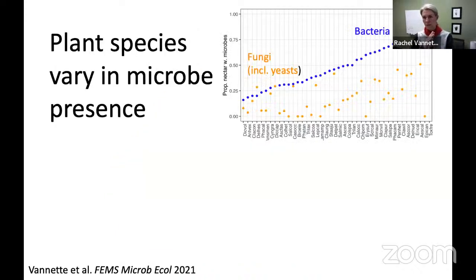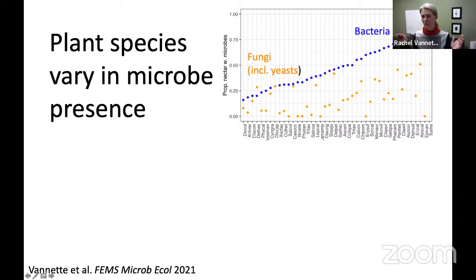If we break this up by plant species and look across many different plant species that we were able to sample with high replication, we find that plant species also vary in the proportion of flowers that actually contain microbes. So some plant species have a very low incidence of bacteria, in the blue points, and fungi, in the orange points, whereas for other plant species, all of the flowers contain bacteria and many contain culturable fungi.